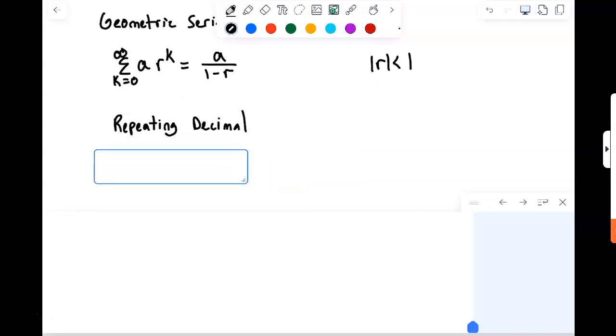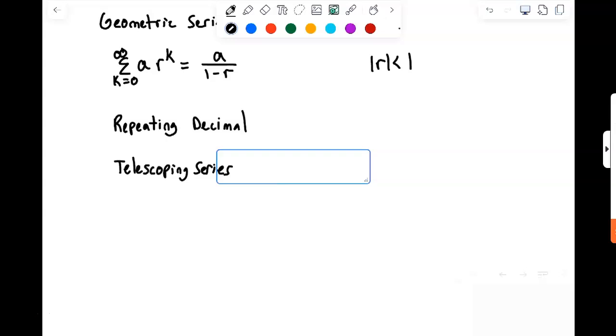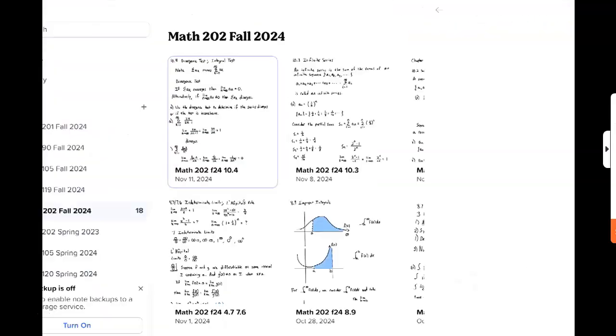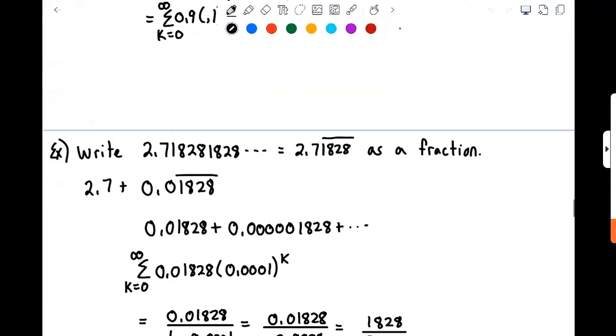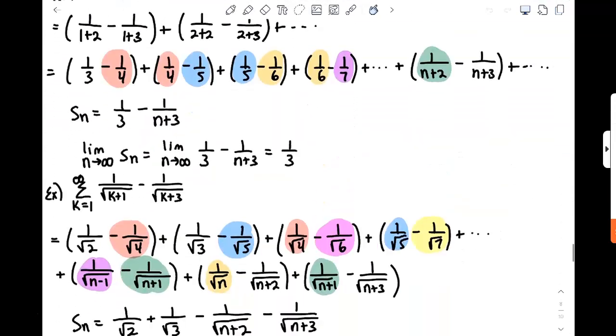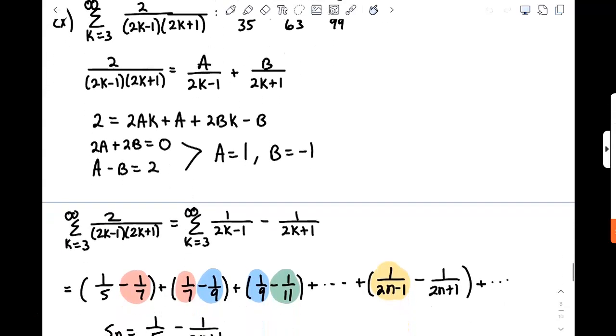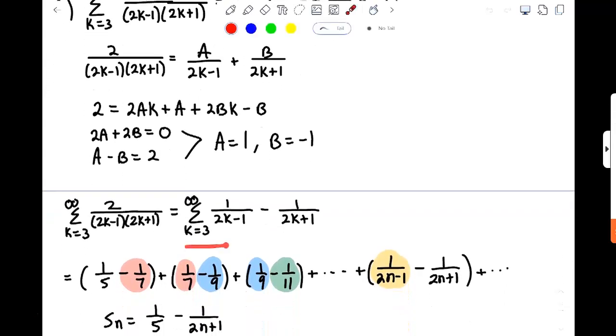And then also we talked about telescoping series. Now, as far as questions to expect with telescoping series, I would expect ones more in line with the first two examples I did. That last one, unless it was already written in its expanded form for you to work with, I wouldn't give you that problem.